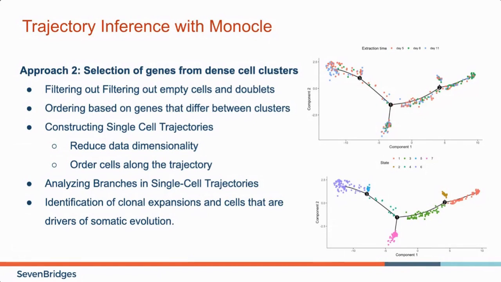Thus, this second approach could provide significant information about cells that are drivers of somatic mutation in tumor development and use it to create therapy that will most effectively target tumor tissue.